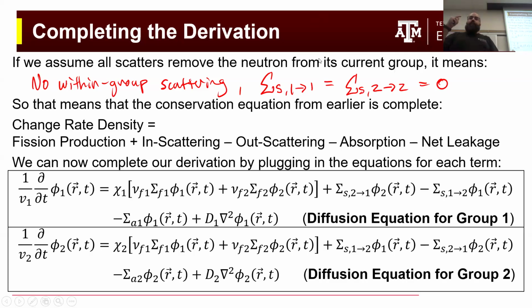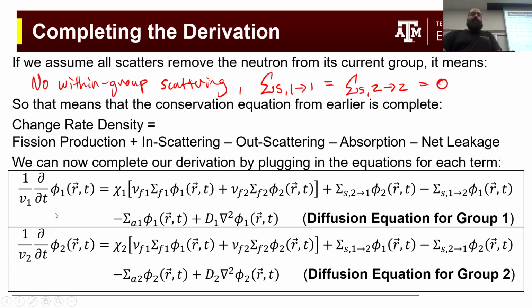So we've set up our gains and our losses. We've put together mathematical equations for all of those gains and losses. And then we know what our conservation statement is going to look like. It says the rate of change of my neutron density equals all of my gain rates of my neutron density minus all of the loss rates of my neutron density. So we've developed all of these terms, and now we're just putting them together for each group.